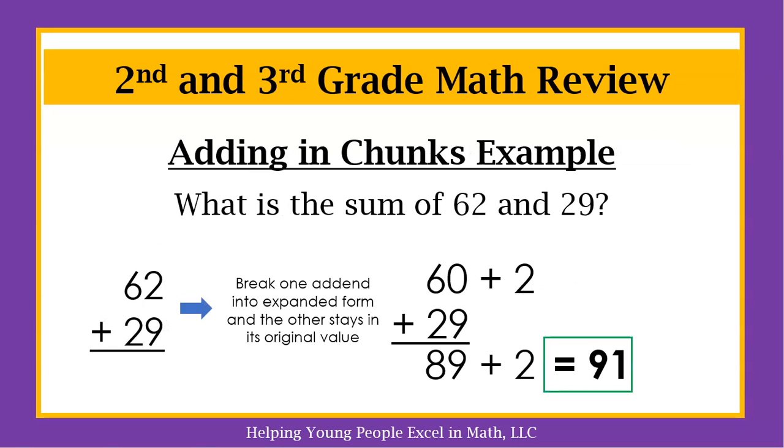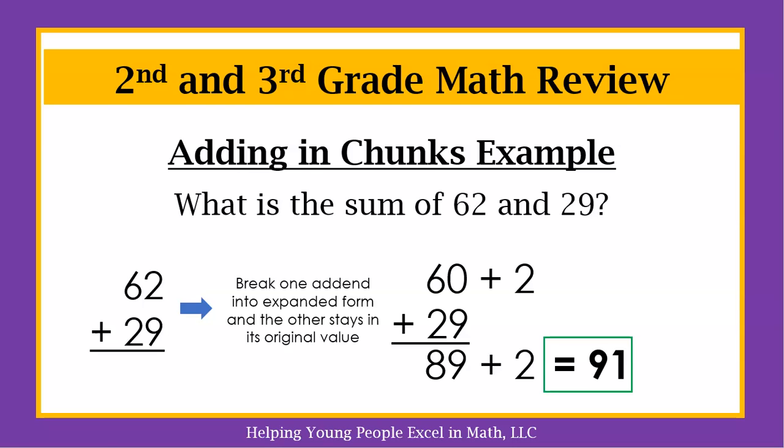We're still using 62 and 29 as our addends. We said that we're going to keep one addend at its original value. In this problem, we decided to keep 29 the way it is, but for 62, we broke that up into expanded form, so it's 60 plus 2.